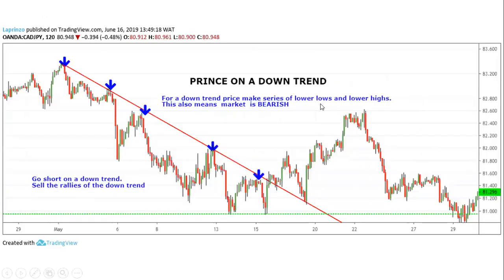Then for a downtrend, you're going to be seeing price making a series of lower lows and lower highs. This means the market is bearish. Whenever you see a market doing lower lows, lower lows, lower lows, this shows a downtrend. Are we together?